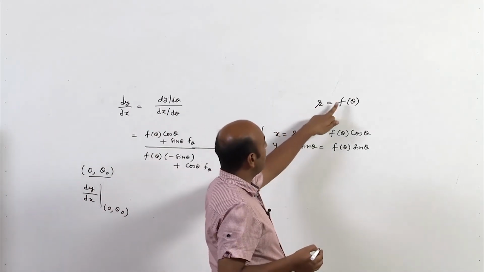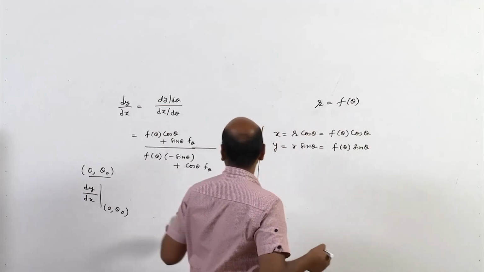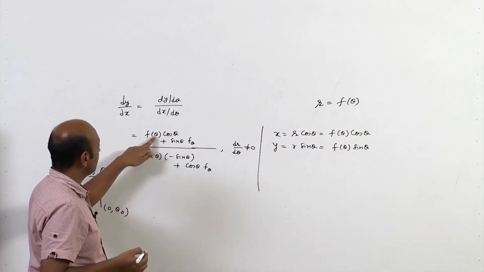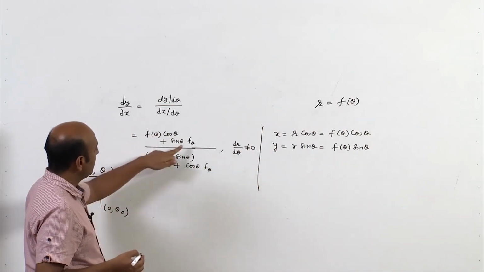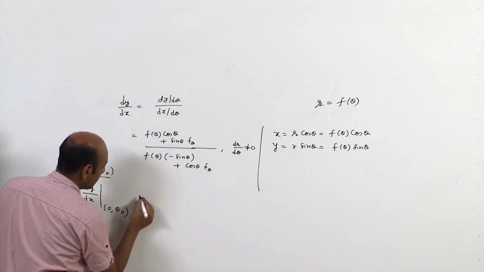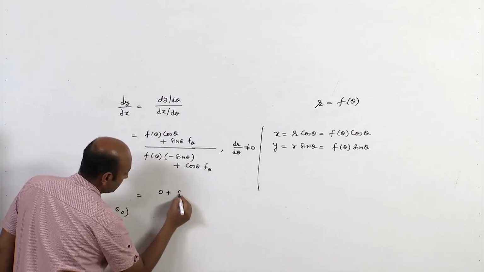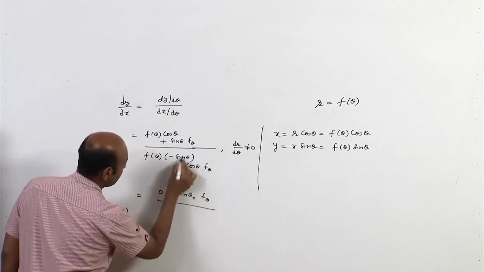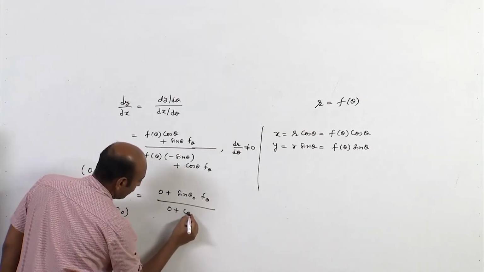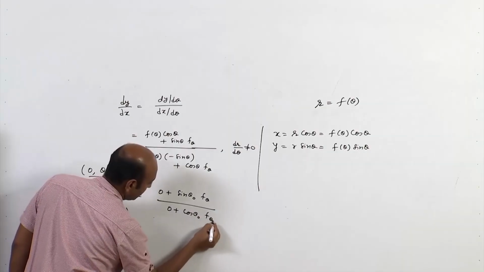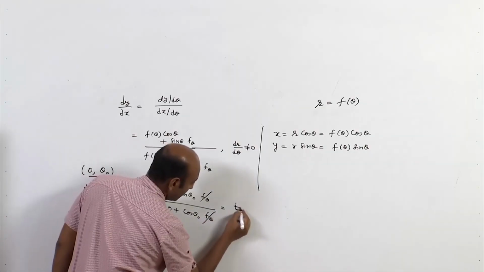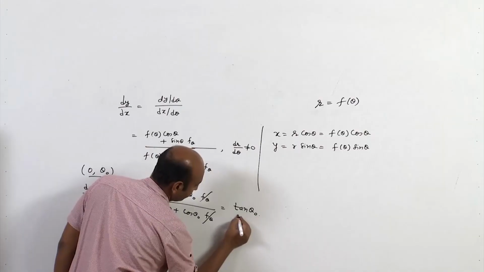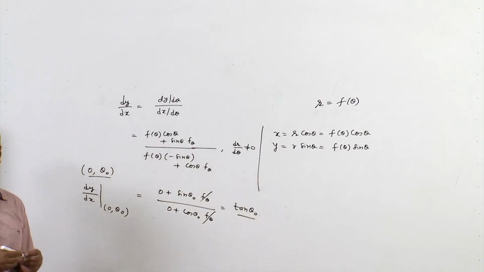So, 0 is equal to f theta naught. Okay. So, f theta naught is 0. So, it is 0 plus sin theta naught into f' theta upon 0 plus cos theta naught into f' theta. It cancels out. So, it is simply tan theta naught. Okay. So, that will be the slope of a polar curve at 0 comma theta naught.